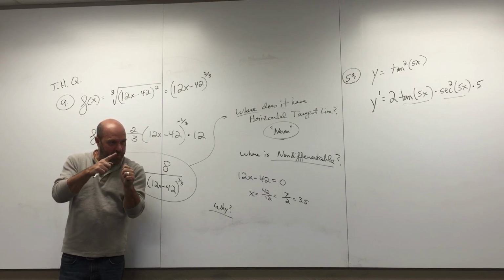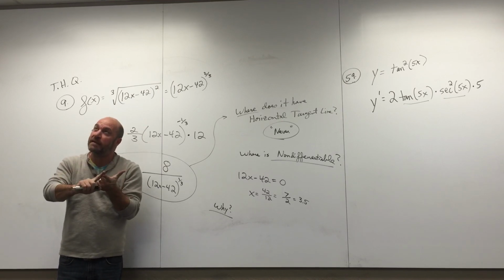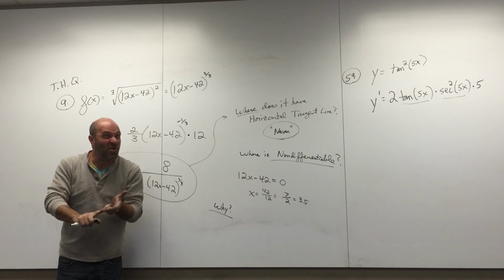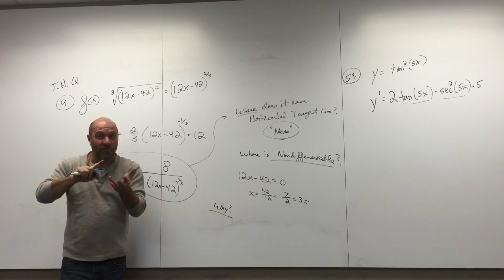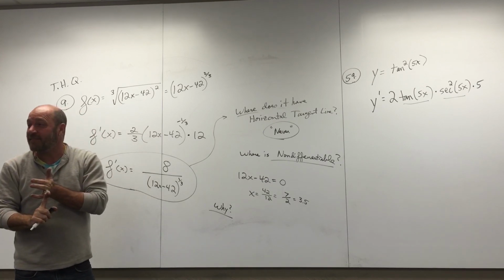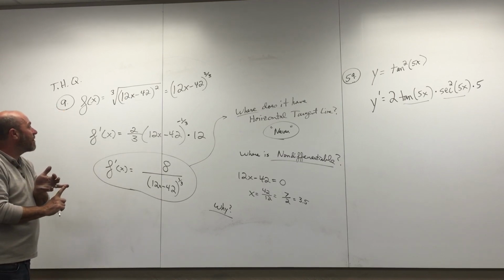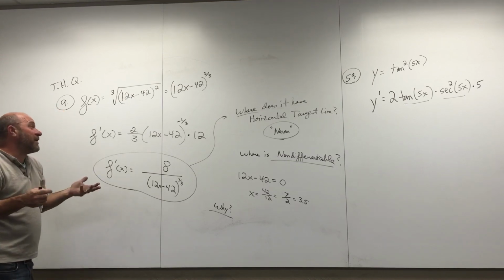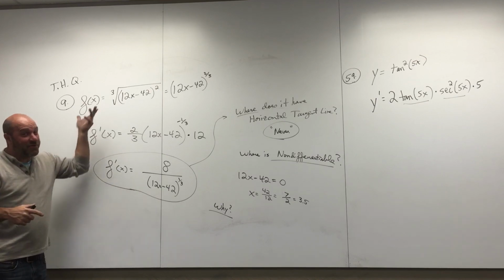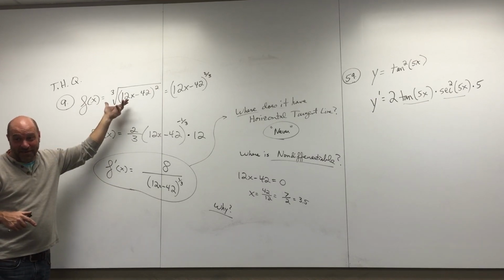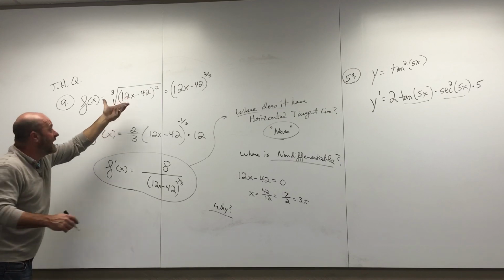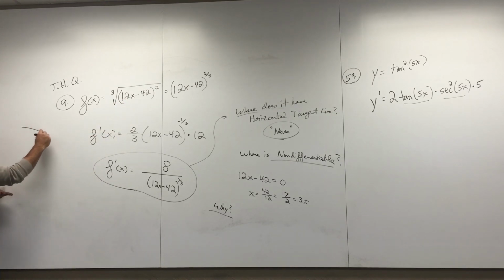We discussed how it could be an endpoint, a sharp point, a discontinuity, or a vertical tangent line. What I should do, perhaps, is pick up my graphing calculator and graph this original function and see what it looks like. I think it looks like this. And therefore, I would say sharp point.